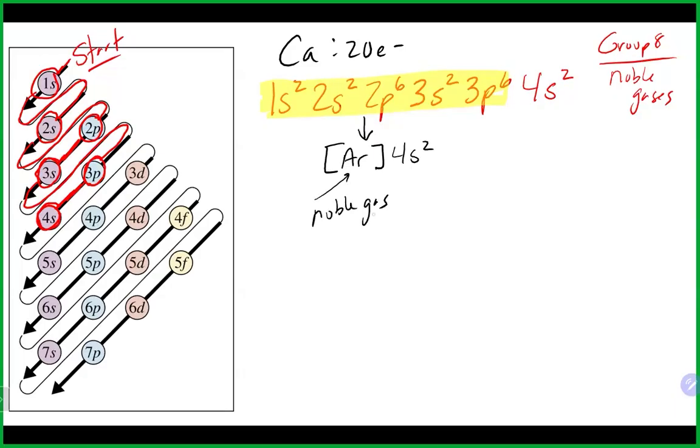It always has to be a noble gas that comes right before the element you're writing the electron configuration for. So wherever your element is, go backwards to group 8, and whatever noble gas comes before it, you can shorthand it.